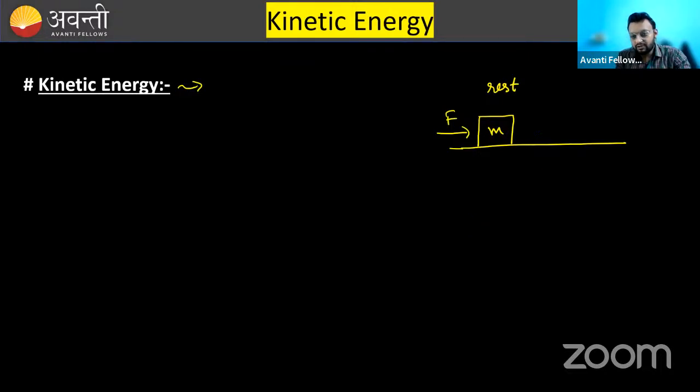And due to this force, after moving a distance d, it acquires some velocity v. Again, I am repeating this: the block was initially at rest, I have applied some force, and after some distance d, it has acquired a speed v.